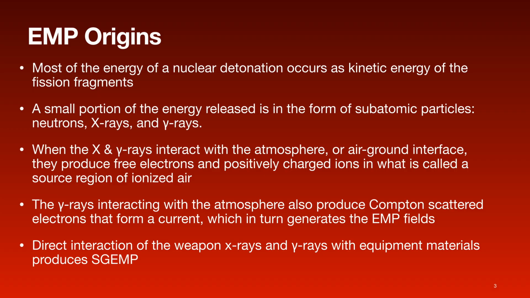Direct interaction of the weapon, X-rays, and gamma rays with equipment materials produces SGEMP. EMP is thus a generic term that refers to the resultant electromagnetic environments caused by the detonation X-rays, gamma rays, and neutrons.